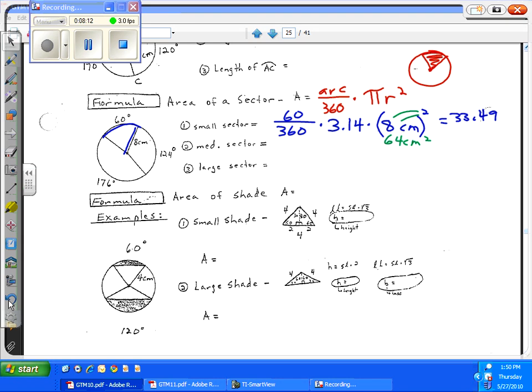The medium-sized one had an arc of 124. So we would put arc 124 over 360. It's that fraction of the area. And area is pi times the radius, which is 8 centimeters, quantity squared. So we can do 124 over 360 times pi times 8 squared.